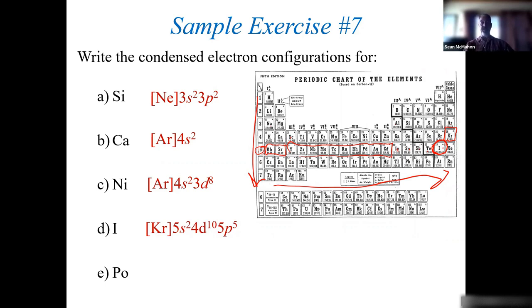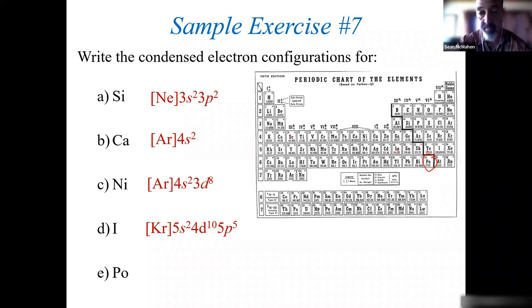Where does it get tricky? Polonium. This is really hard. I picked the hard one. Why? The shortcut is easy. All right, let me get rid of the iodine stuff. Here's polonium. It's in period 6.